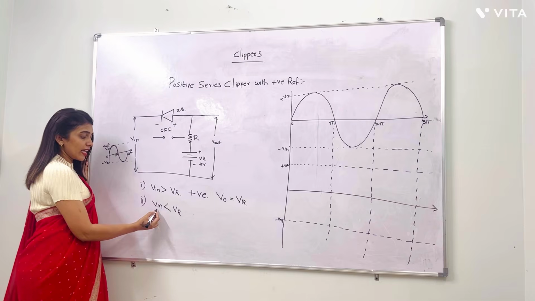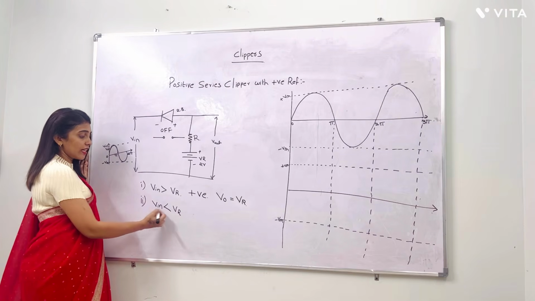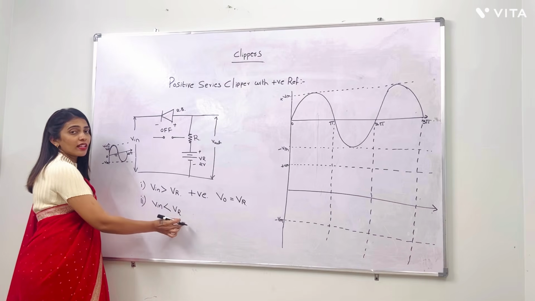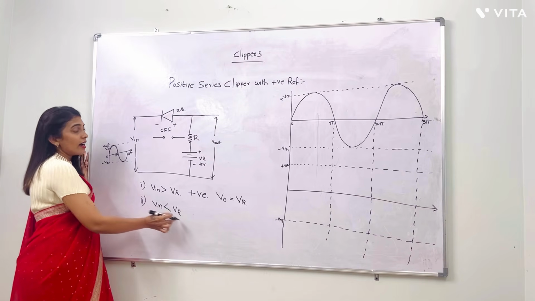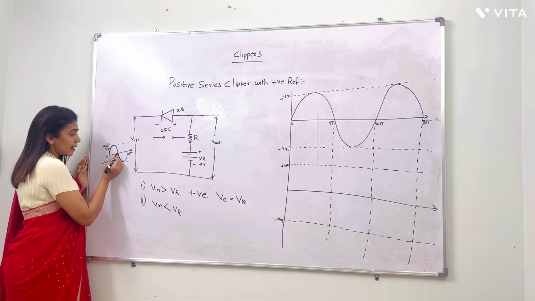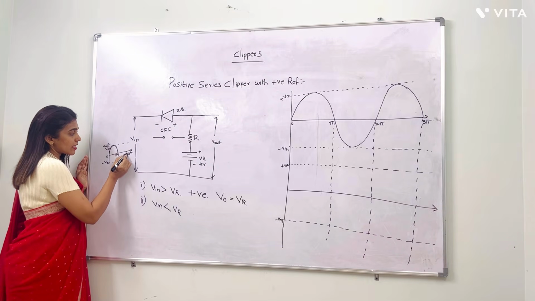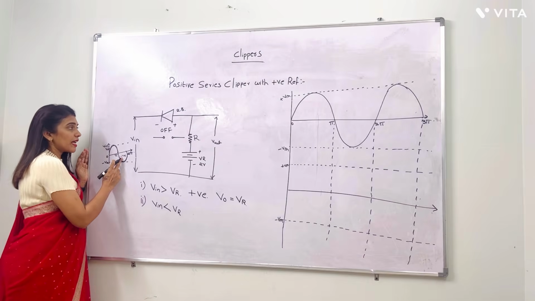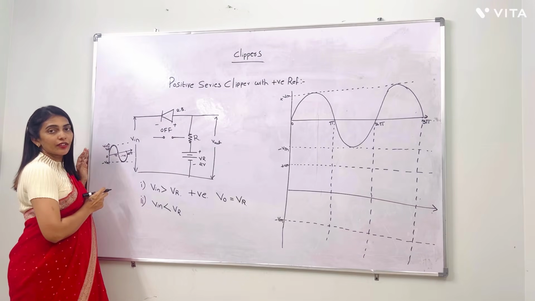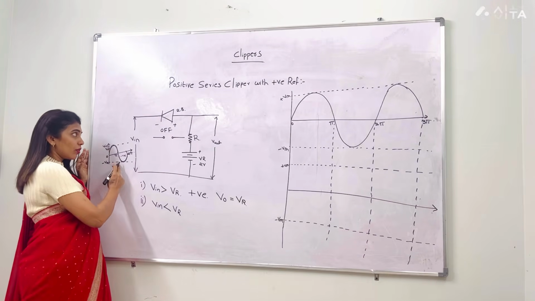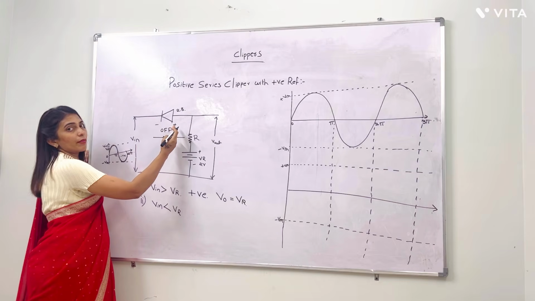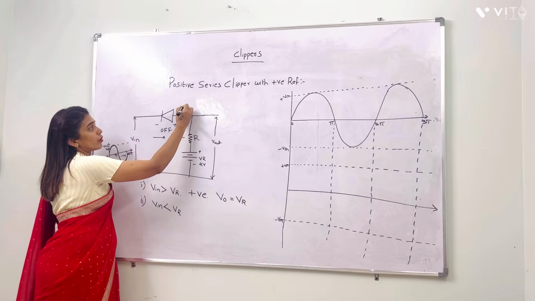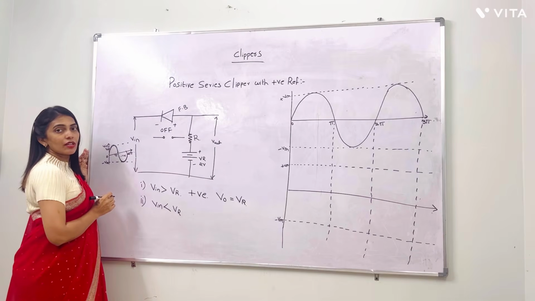Next condition, Vin less than VR. Vin less than VR means the input voltage is below the reference voltage, which means a negative peak. The negative peak is given to the negative terminal of the diode, so obviously the diode is in forward bias condition.